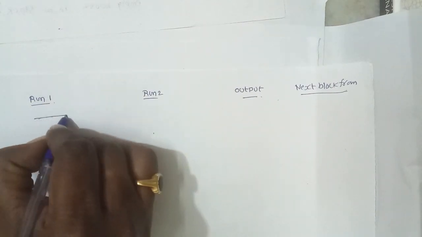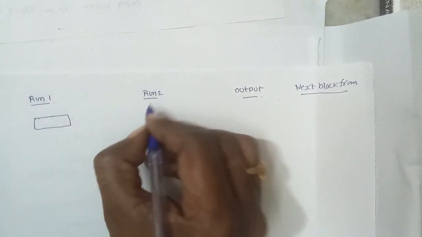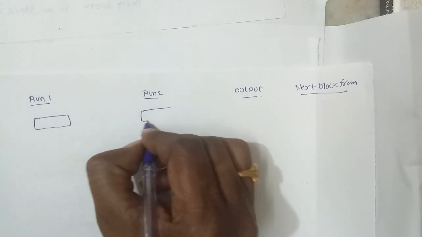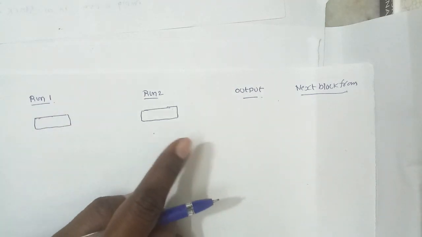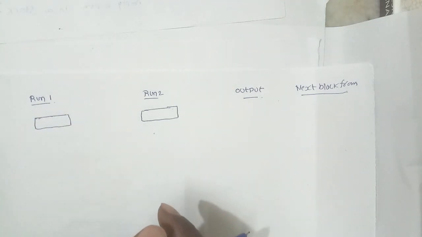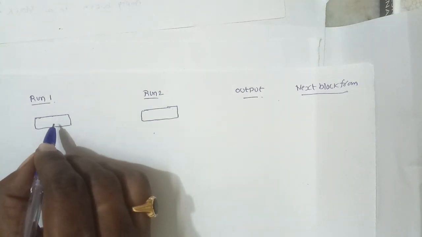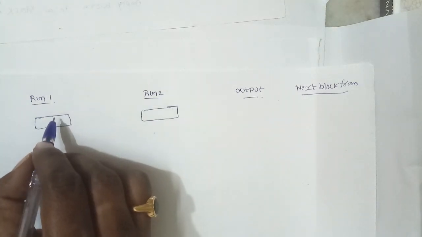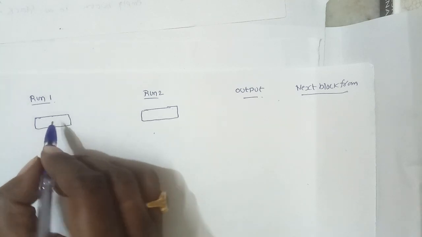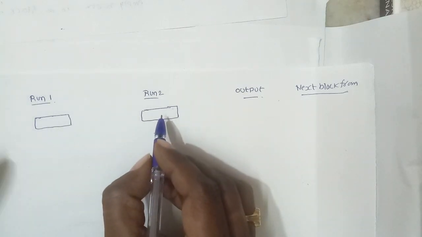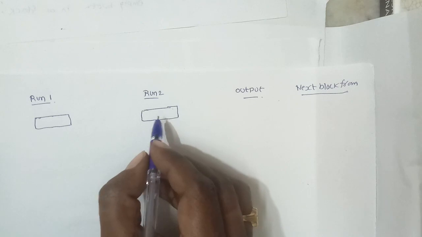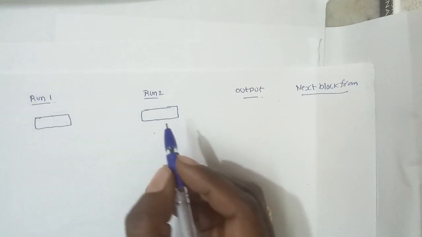I am assigning 2 floating buffers, one for each run. In the algorithm we have discussed, each run contains at least one buffer. So floating buffer B1 is assigned to run 1, buffer B2 is assigned to run 2.